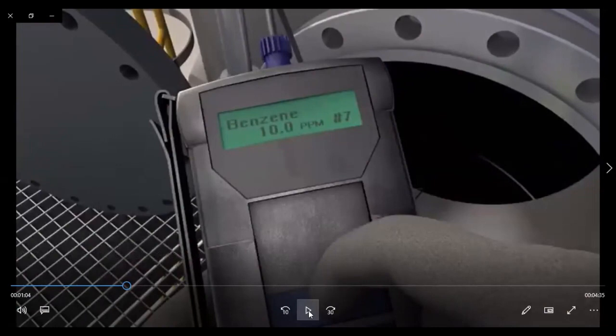So this is a high concentration of toxins. So we must control this risk. What is the control used for the risk?